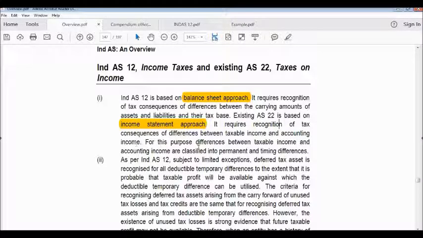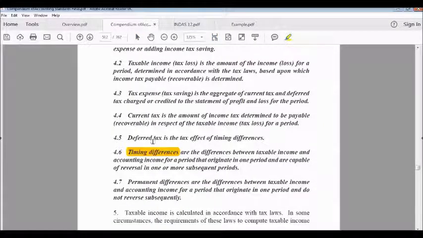For this purpose, differences between taxable income and accounting income are classified into permanent and temporary differences. So let me show you how it is the balance sheet approach and the income statement approach. This is the earlier Accounting Standard 22, and it says timing differences are the differences between the taxable income and the accounting income for a period that originate in one period and are capable of reversal in one or more subsequent periods.